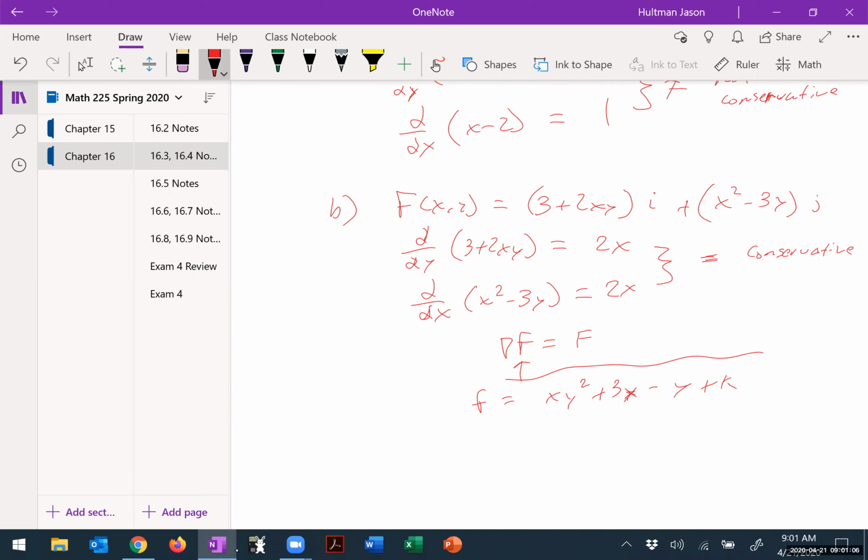We found this already. It would be nice to know at the very beginning if we're able to get something or not, and that's what this is. This is a test to see if we can go backwards by going forwards. If we take our second order partial derivatives and they're equal going forward, then we can go backwards and get the parent function.